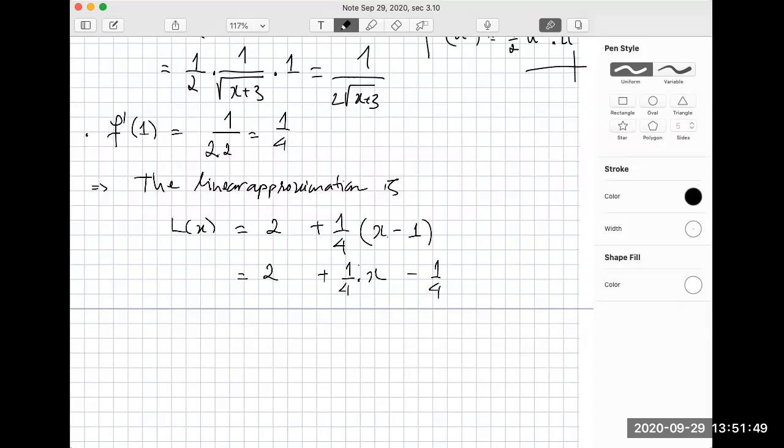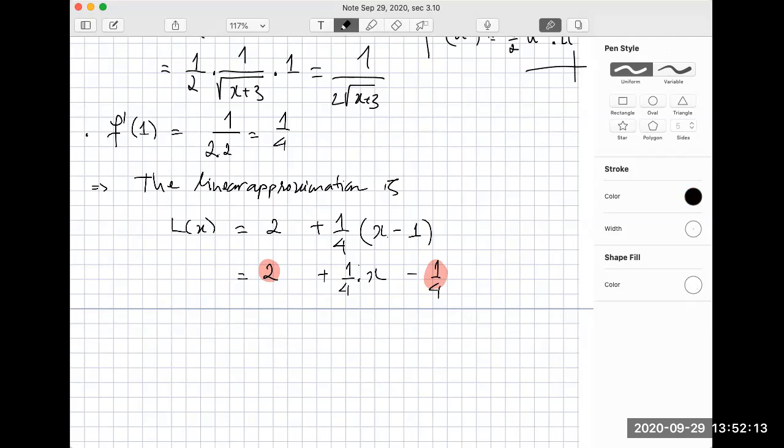Thank you, Gregory. So here there's a number and a fraction. What should we do? Yes, find the common denominator, which is 4.